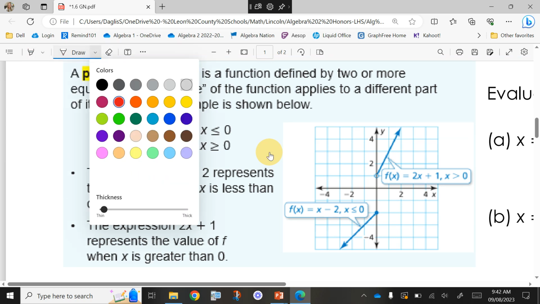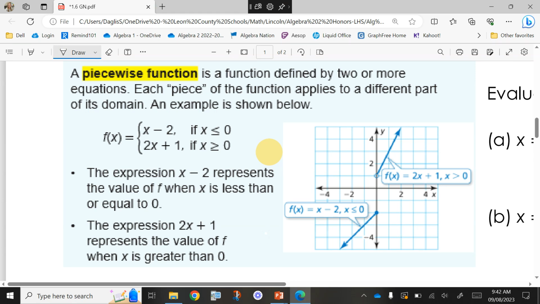Technically, this came from the book, but technically this guy shouldn't have that equal sign. So notice how one dot is closed and then the other one is open because you can't share the same y value, right? I can't plug in 0 and get 1 and negative 2.